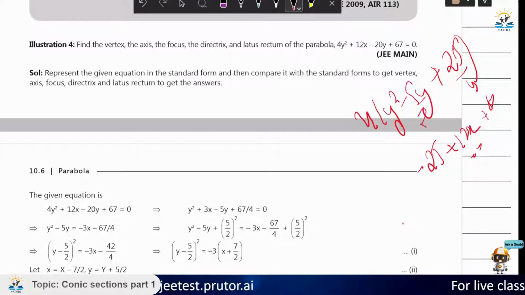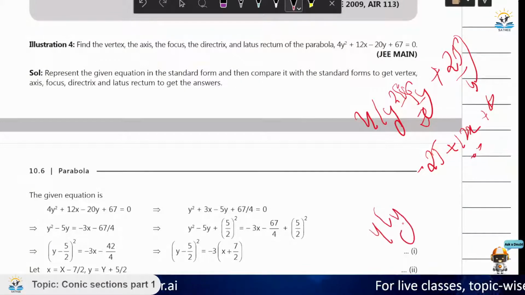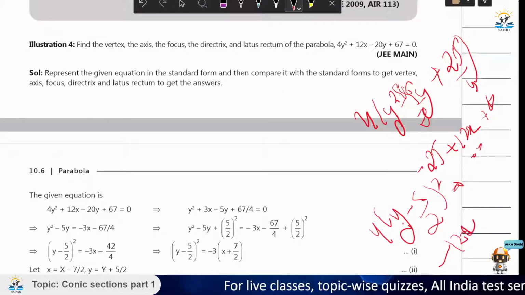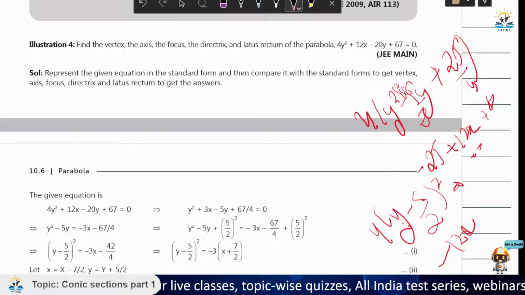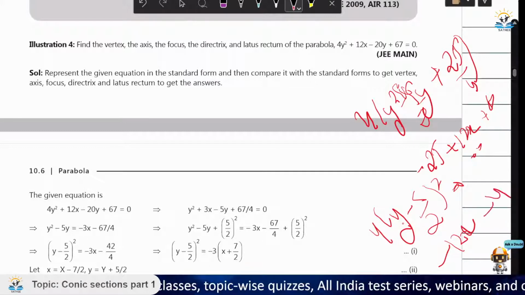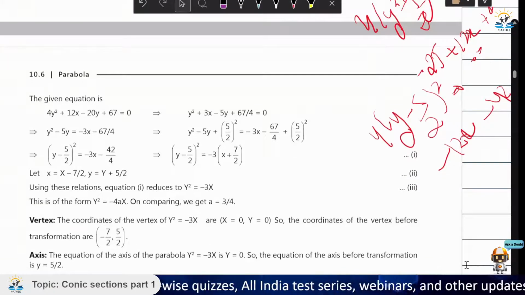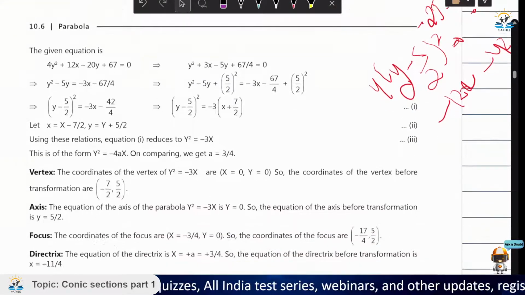I tried to make it a complete square. So we get 4 into y minus 5 by 2 whole square. What is 67 minus 25? 42. So this is what we are left with. Yeah, very easy.